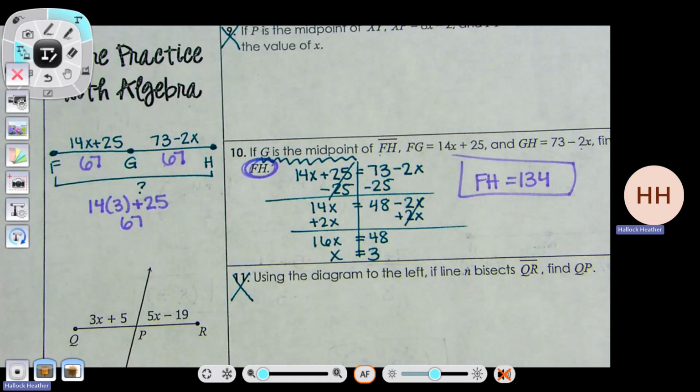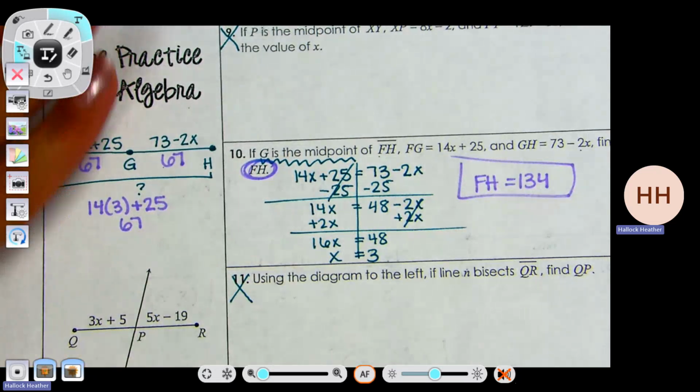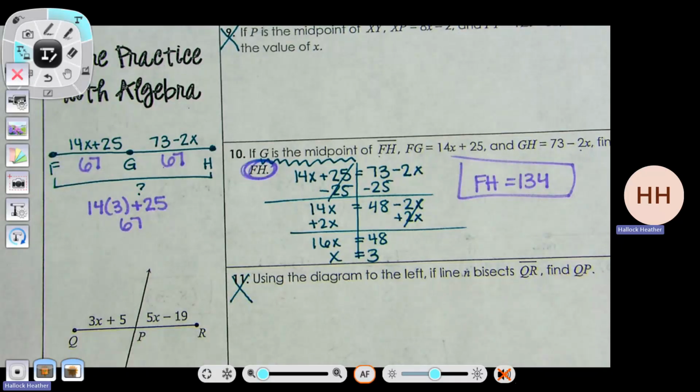The front you should have done yesterday, correct? On the back, you're crossing out two problems and then working on this.